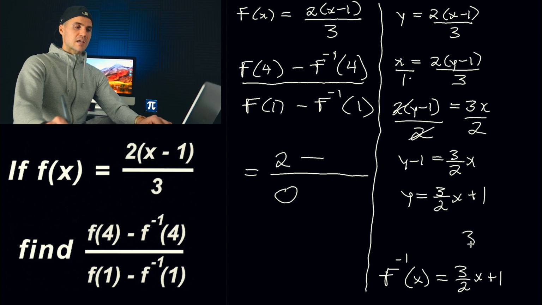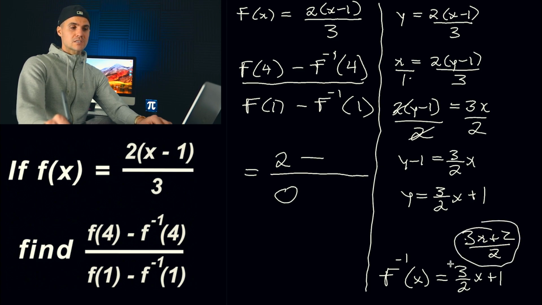By the way, this is the same as 3x plus 2 over 2. I just split up the fraction into two separate expressions. If you distributed the 2 inside, brought over the negative 2, and then divided the whole thing by 2, you'd end up with this. They're both the exact same thing. So that's the inverse right there.